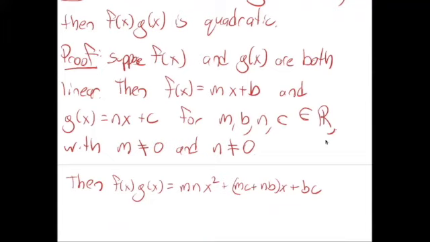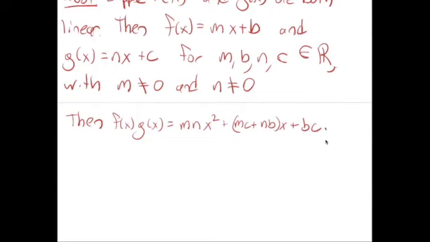So we just need to make that specification. And that's important because then, if m and n are both not equal to 0, the product m times n is not going to be 0.